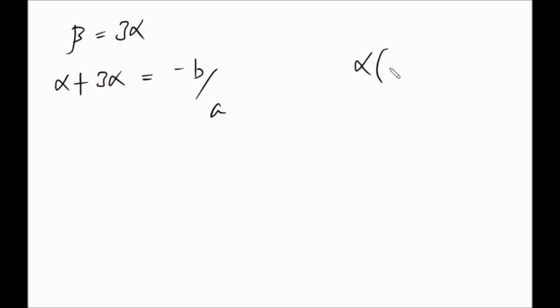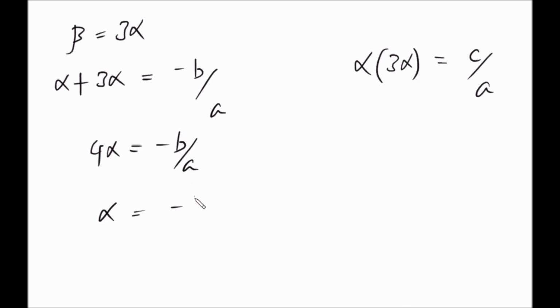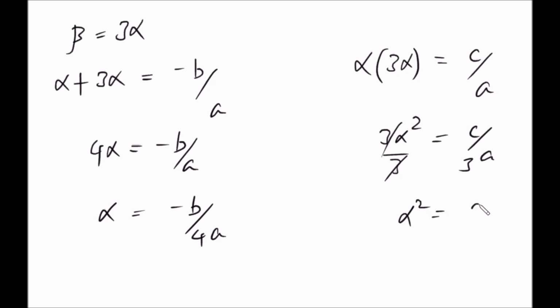And the product of roots, alpha times beta, where beta is 3 alpha, is c over a. So you have 4 alpha equals negative b over a, so alpha is negative b over 4a. Meanwhile we have 3 alpha squared equals c over a. Divide by 3, so alpha squared equals c over 3a. Square root both sides, alpha equals the square root of c over 3a.